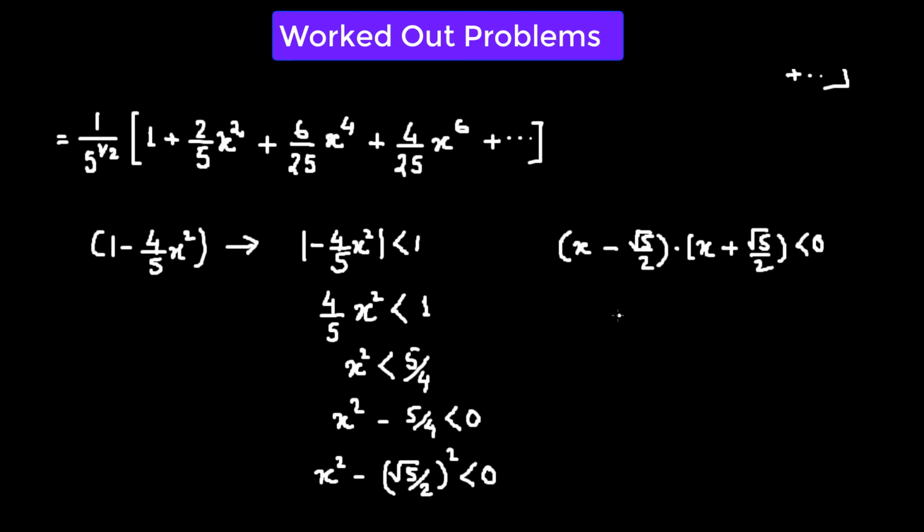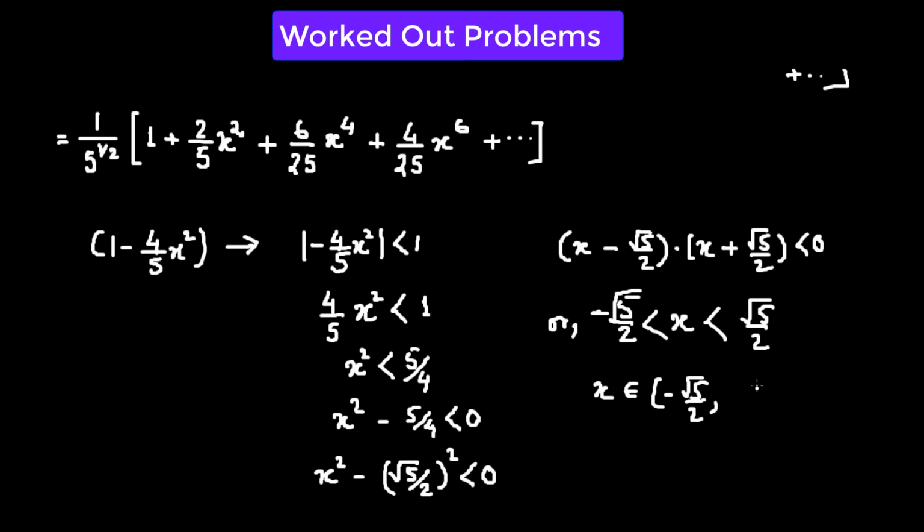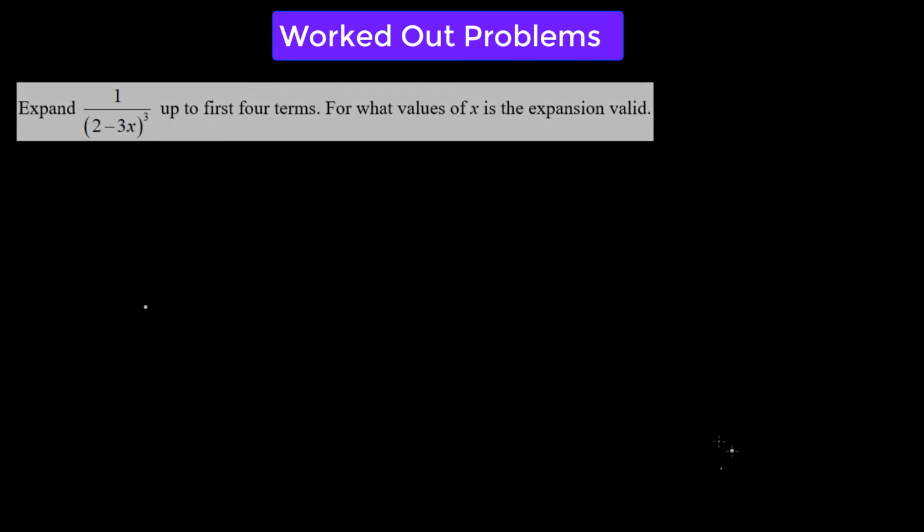So this gives us the range of values that x will assume, between negative square root of 5 over 2 and square root of 5 over 2. Or we can say that x belongs to negative square root of 5 over 2 to positive square root of 5 over 2, or that the absolute value of x is less than square root of 5 over 2. Let's move on to the next question.